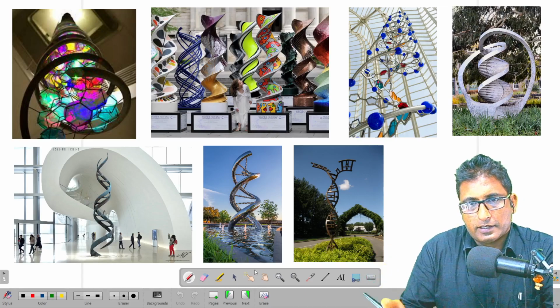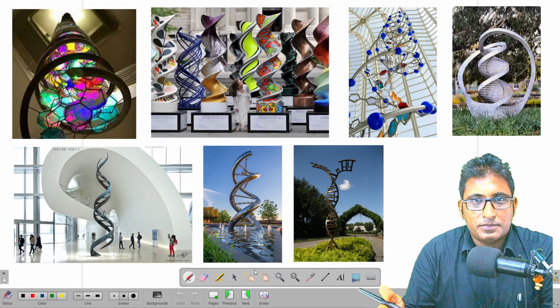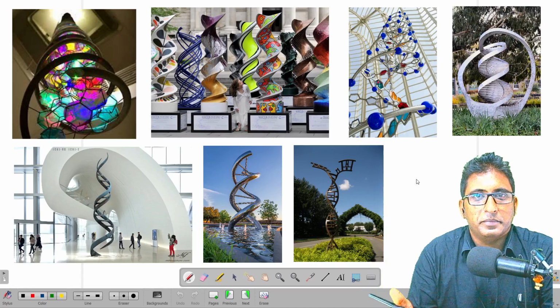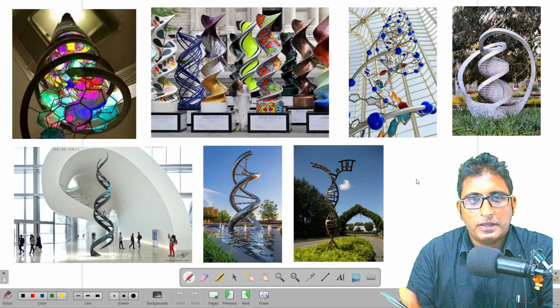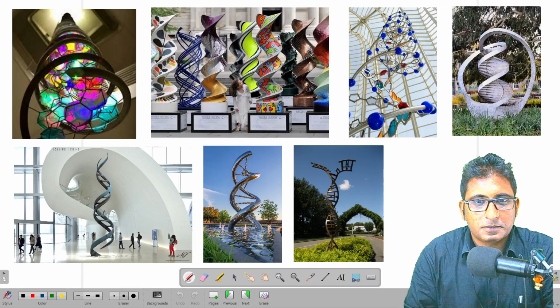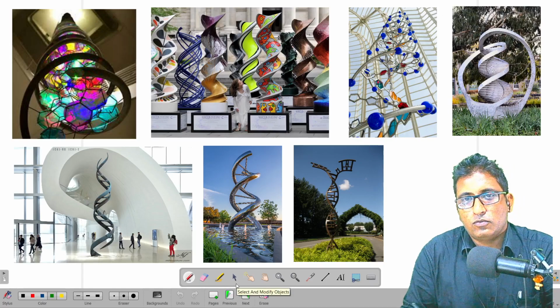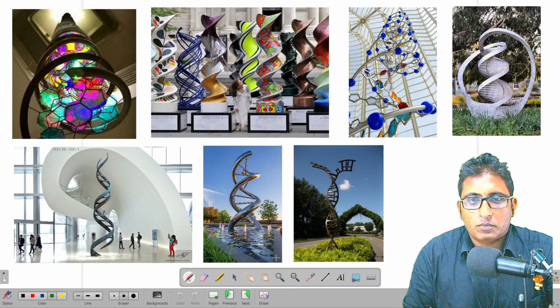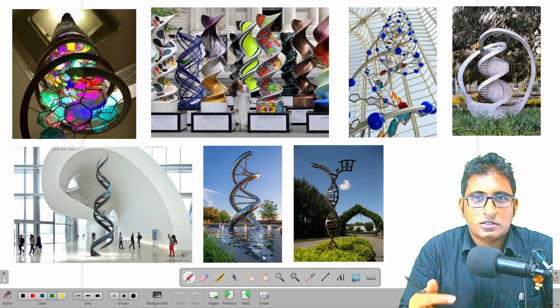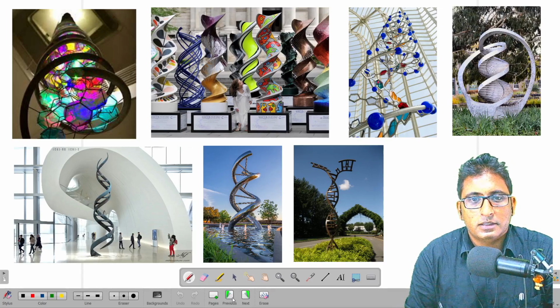The structure of DNA has inspired numerous modern art pieces and sculptures across the globe, and these are some examples, beautifully made as pieces of art. That is where science meets art. We can keep thinking that the origins of these started from the models built by Watson and Crick.